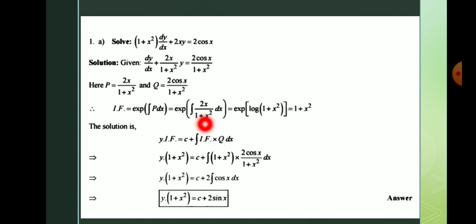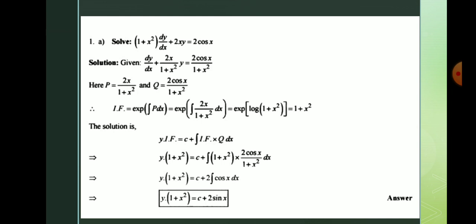So the solution of this linear equation is y times the integrating factor equals c plus the integral of IF times Q dx. Now we put the value of IF, which is 1 + x^2. So y(1 + x^2) = c + ∫(1 + x^2) · 2 cos x/(1 + x^2) dx. Remember that 2 cos x/(1 + x^2) is the value of Q. Simplifying, y(1 + x^2) = c + 2∫cos x dx.